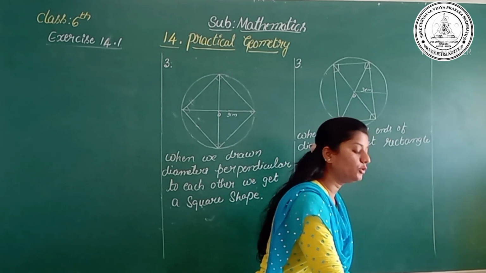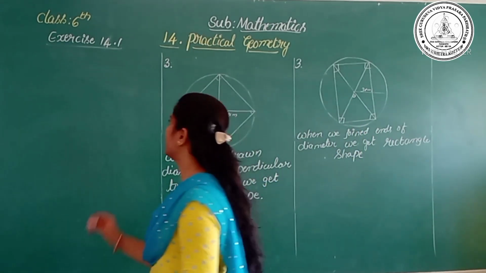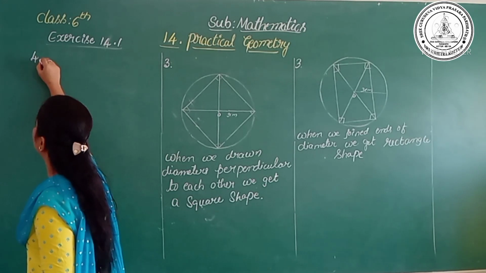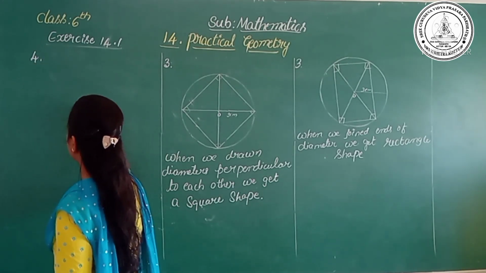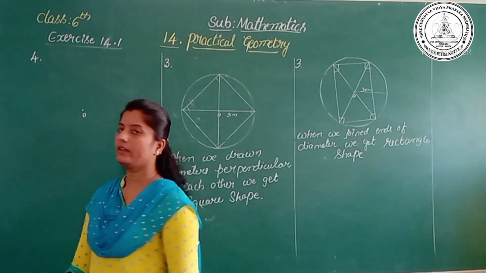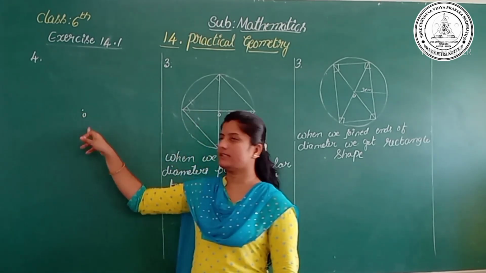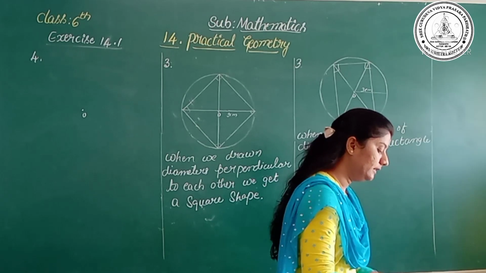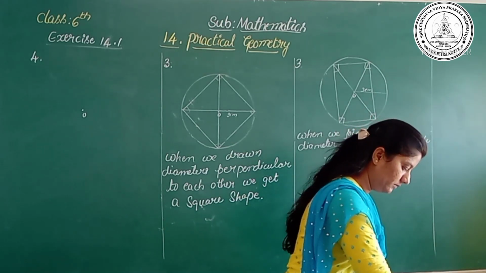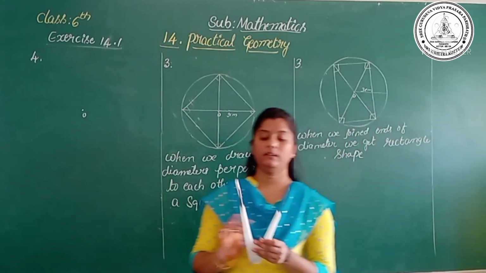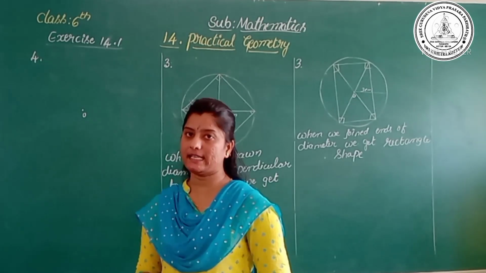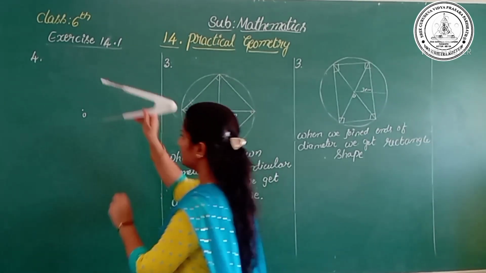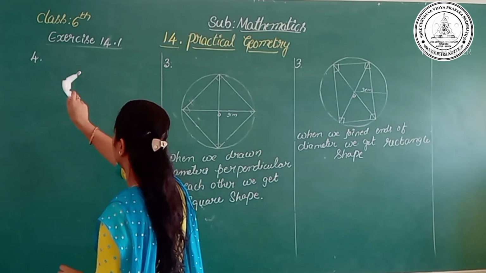Here also they did not mention the radius of the circle, so I will take again 3 centimeter radius. First I will mark the center of the circle, take the required length, and draw the circle here.